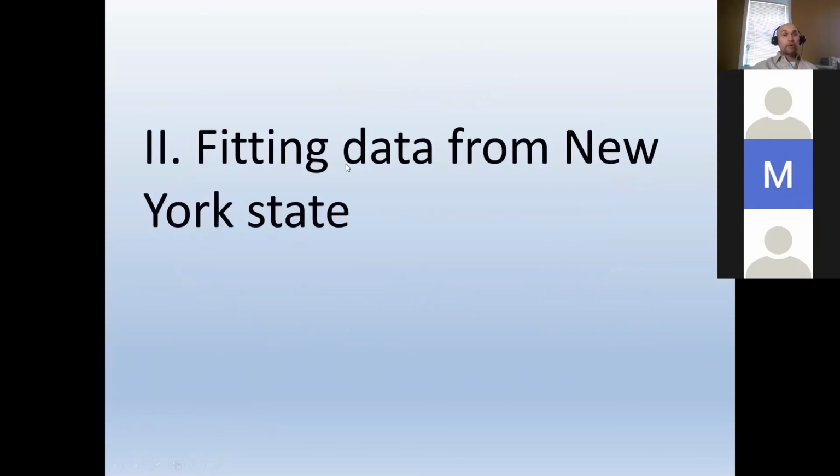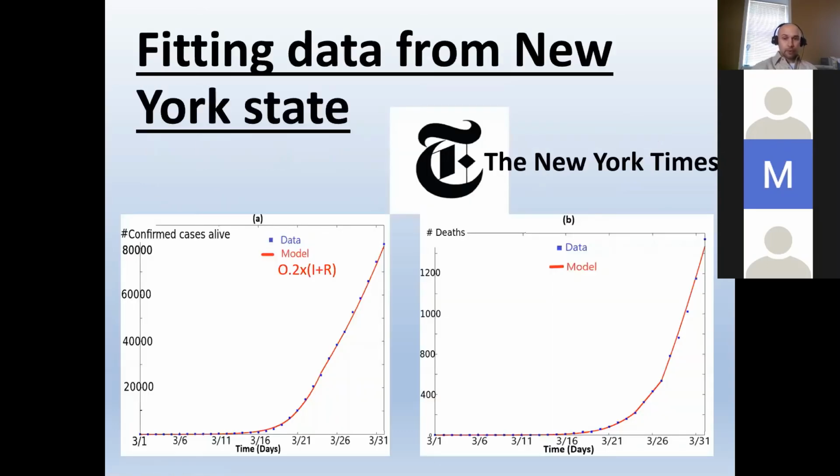All right, so now we're going from the application that we have considered. Of course, you can apply this model to every state, every country, whatever you want. Okay, so I'm explaining these pictures.